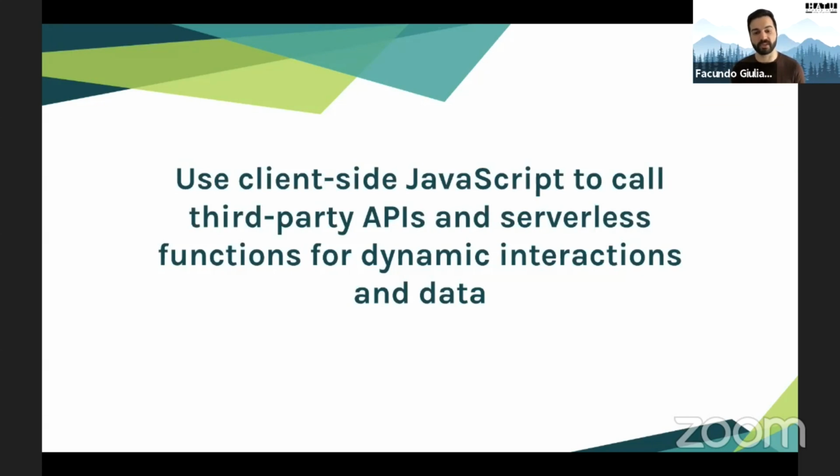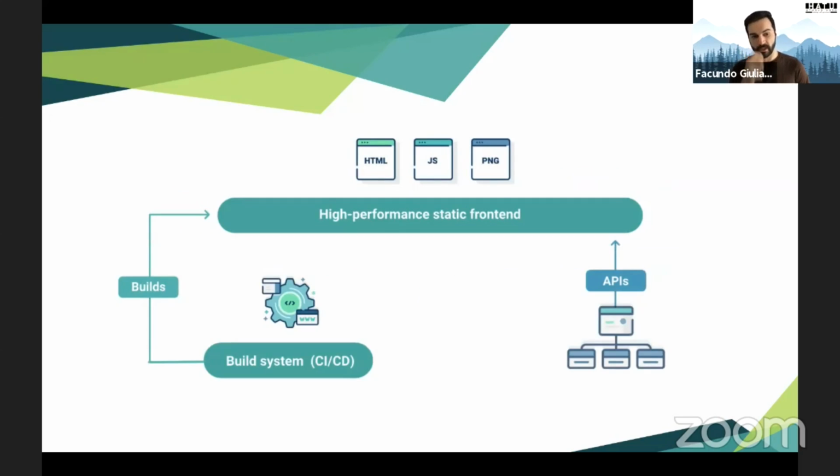I mean, they can be APIs that we create, or serverless functions if we don't want to maintain a web server or a platform like Internet Information Server or anything. And the JavaScript will be the one that will generate the dynamic content for our pages and will generate these interactions and data, bringing information from the APIs and not from a server that is server-side rendering our pages.